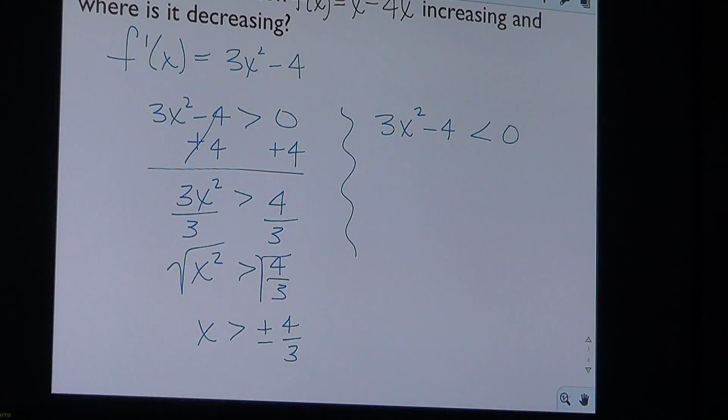Oh, it is, sorry. No, that's what it would be, you're right. Okay, and then on this side, we'd have 3x squared is less than 4.